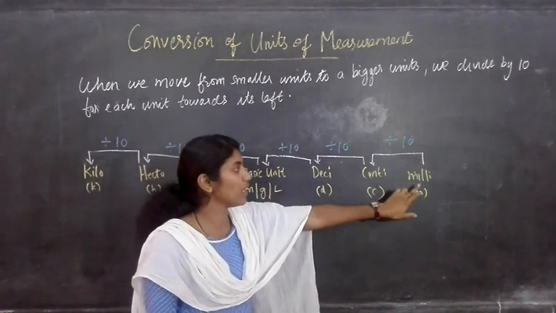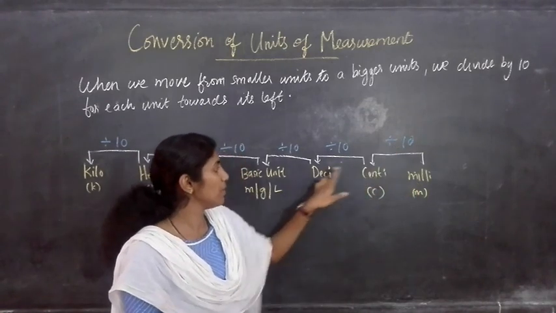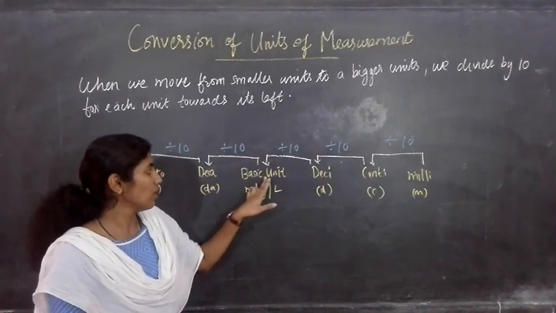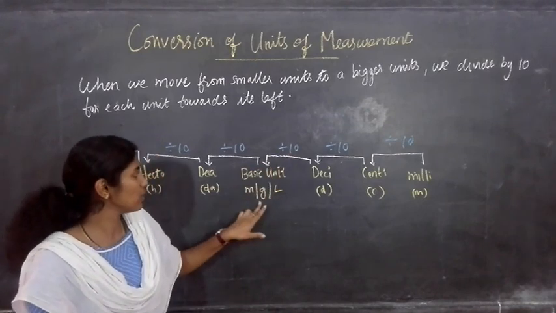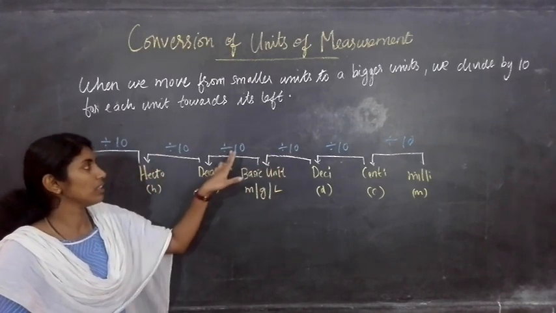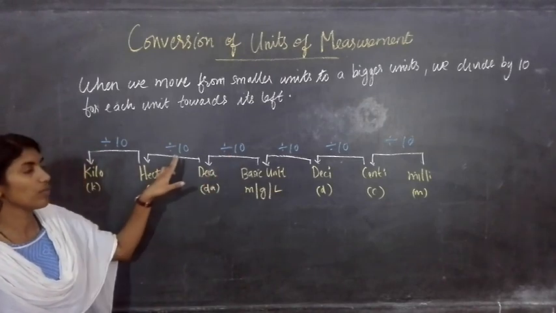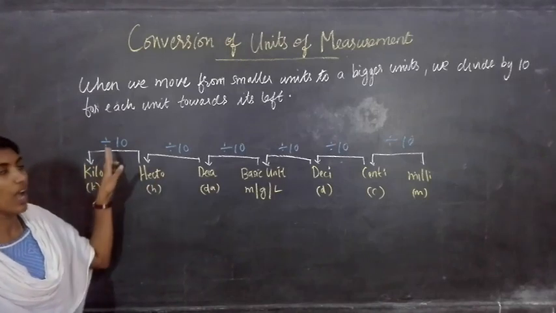That means to convert millimeter to centimeter, we divide by 10. Then centimeter to decimeter, divide by 10. Then decimeter to meter, gram or liter, divide by 10. Then to decameter, divide by 10. Then deca to hecto, divide by 10. And finally hecto to kilo, we divide by 10.